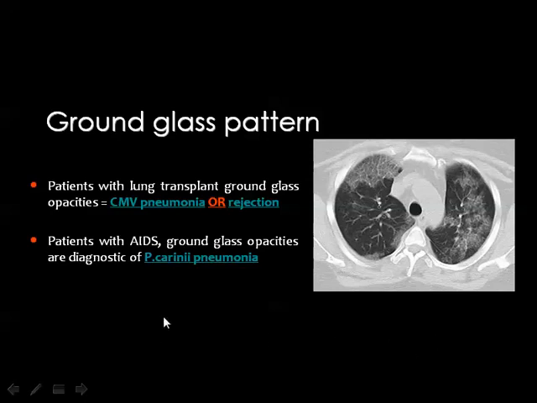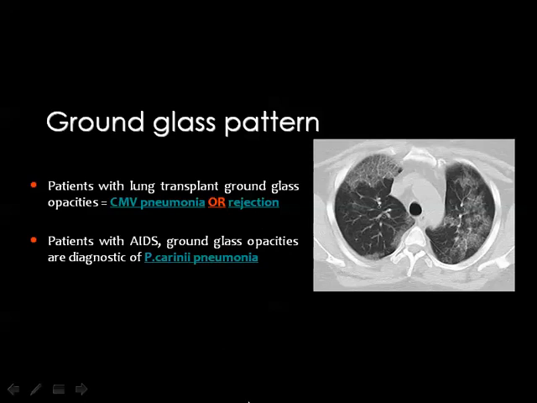If the patient is known to have HIV, then you are dealing with Pneumocystis carinii pneumonia, which is currently known as Pneumocystis jirovecii pneumonia. Then, if the patient is known to have lung transplantation, and you see in the transplanted lung areas of ground glass opacities, you know that this is cytomegalovirus infection or the lung is rejected.